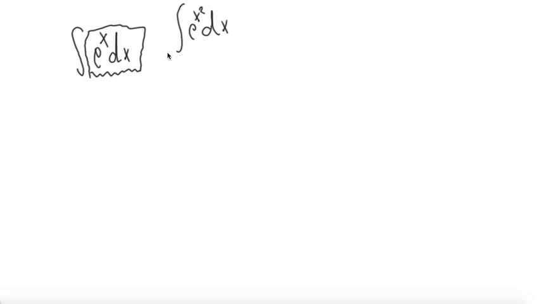We can solve it using different techniques, but here we cannot use u substitution, because we don't have an x outside: the derivative of x squared is 2x, but we don't have any extra x here. But for this one we can use it, because we say that our u is this x.